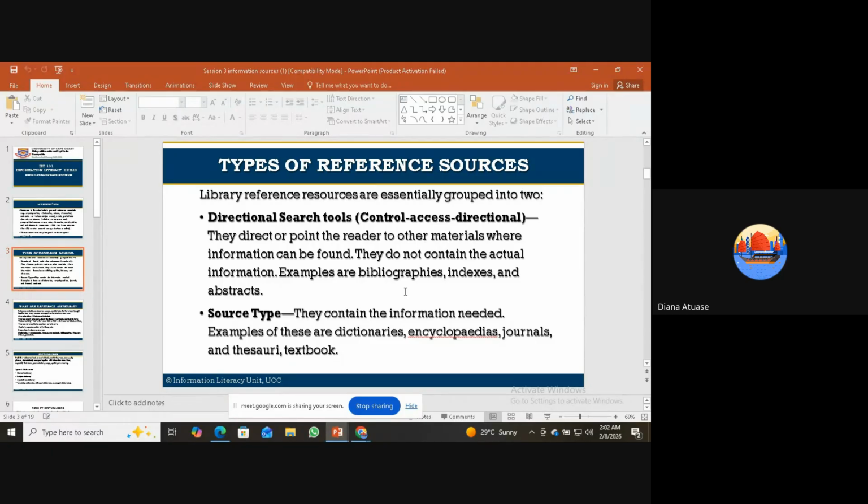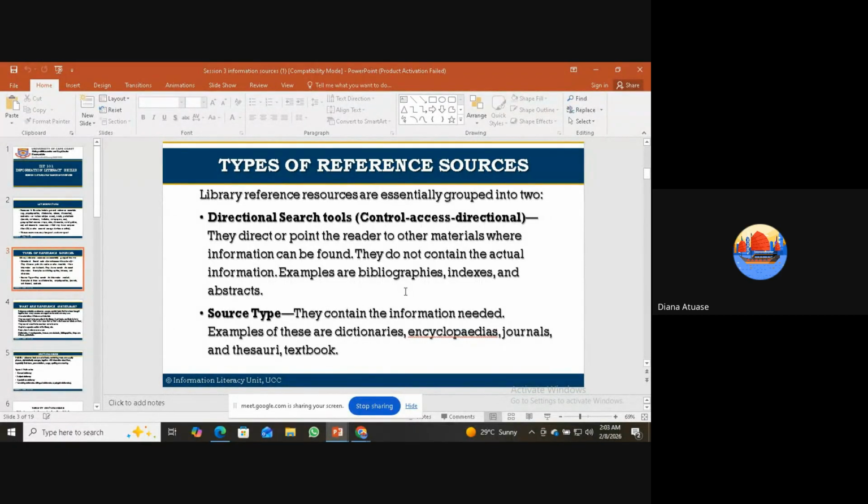Library reference sources are grouped in two types. So we have two types of reference sources, or library reference resources. So we have the directional search tools. Then we have the source type. Directional search tools are just materials that lead or guide people to where the information can be found.